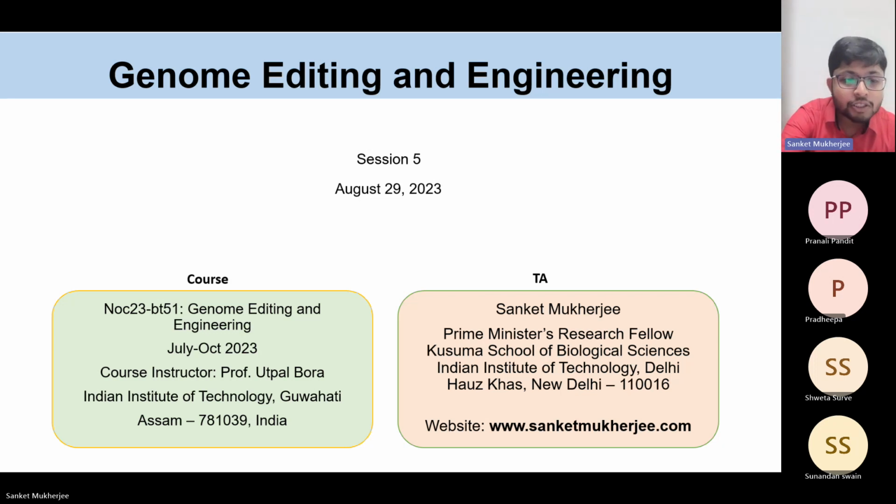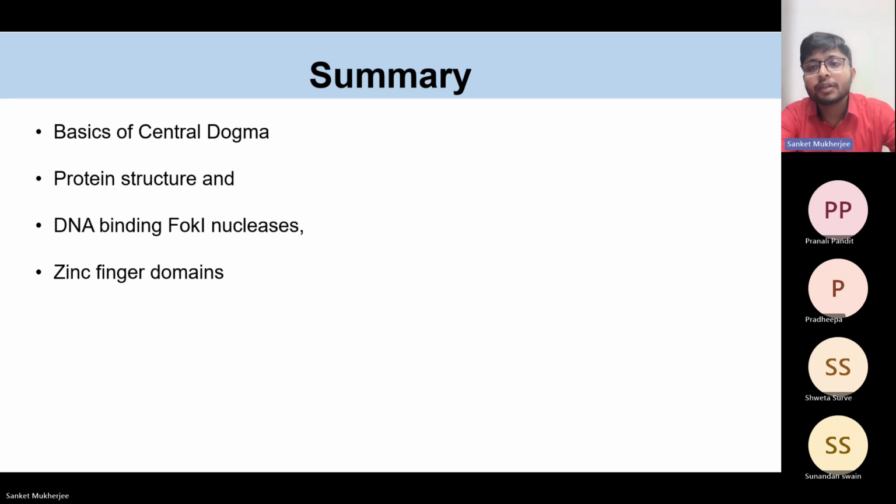So in today's session, I will be briefly summarizing the central dogma of molecular biology and the different protein structures. Then we'll talk about how these protein structures are important for their function, in this context specifically for the DNA binding function.